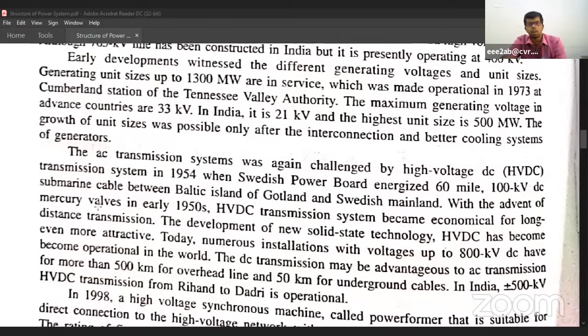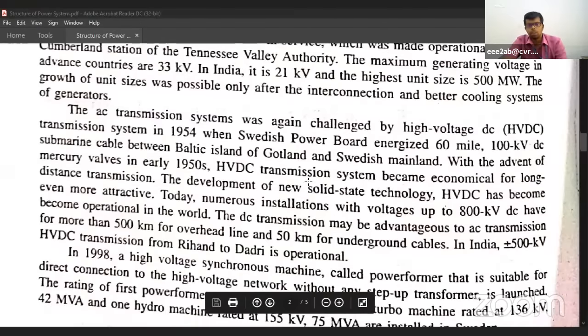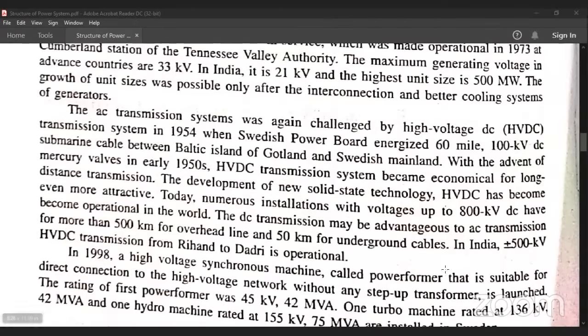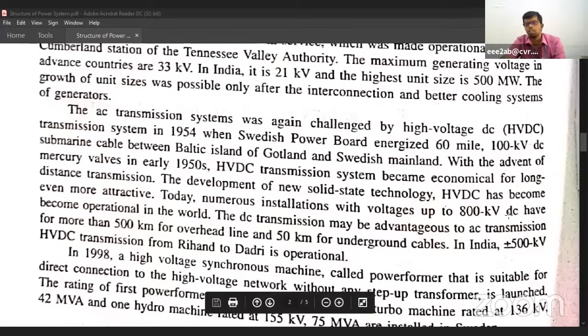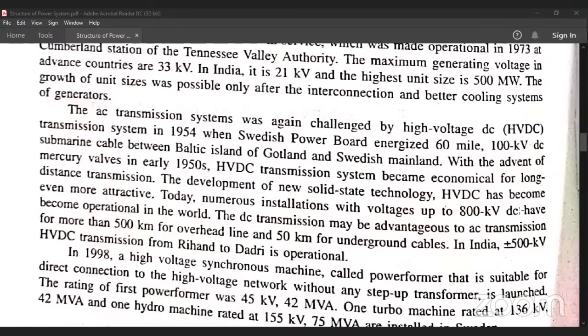With the advent of mercury valves in the early 1950s, HVDC transmission became very economical for long distance transmission. With the development of new solid state technologies after the 1950s, HVDC became more attractive. Today numerous installations with standard voltage reach up to 800 kilovolts, and they have gone for 1200 kilovolt also, now operational in the world.